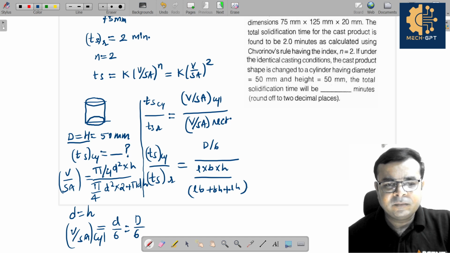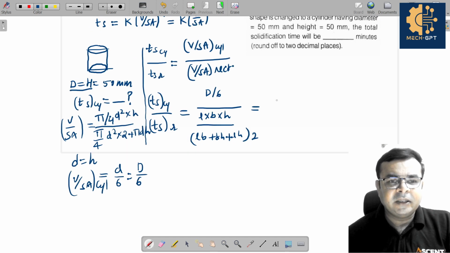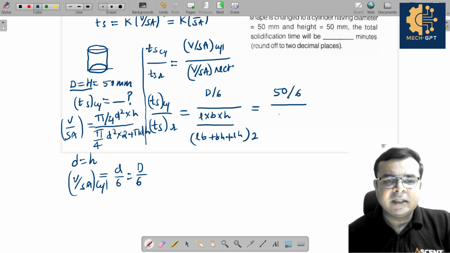Correct? So this is surface area. So now if we put these values in this expression, here we get D by 6, diameter is given, that is 50 mm. So it can be written as 50 by 6.